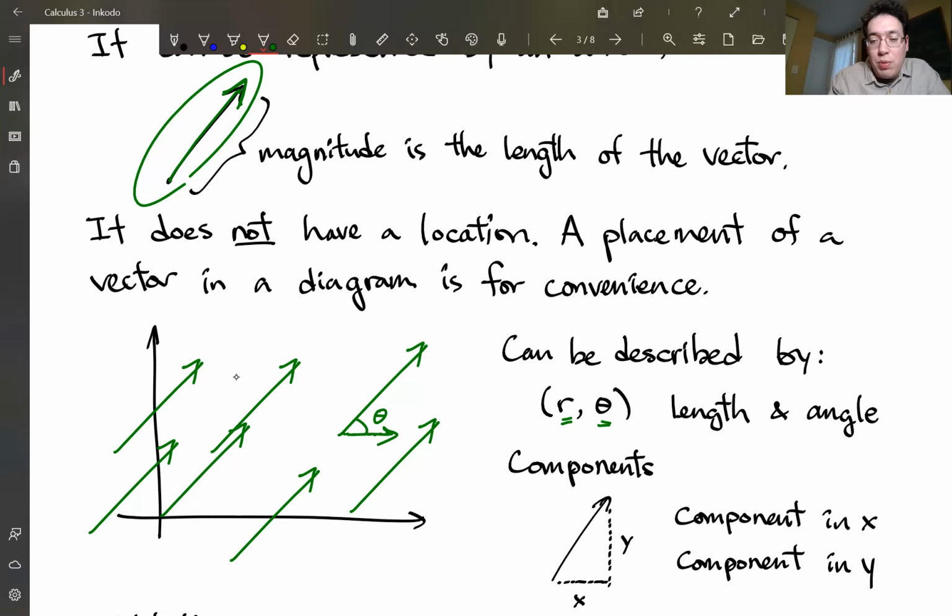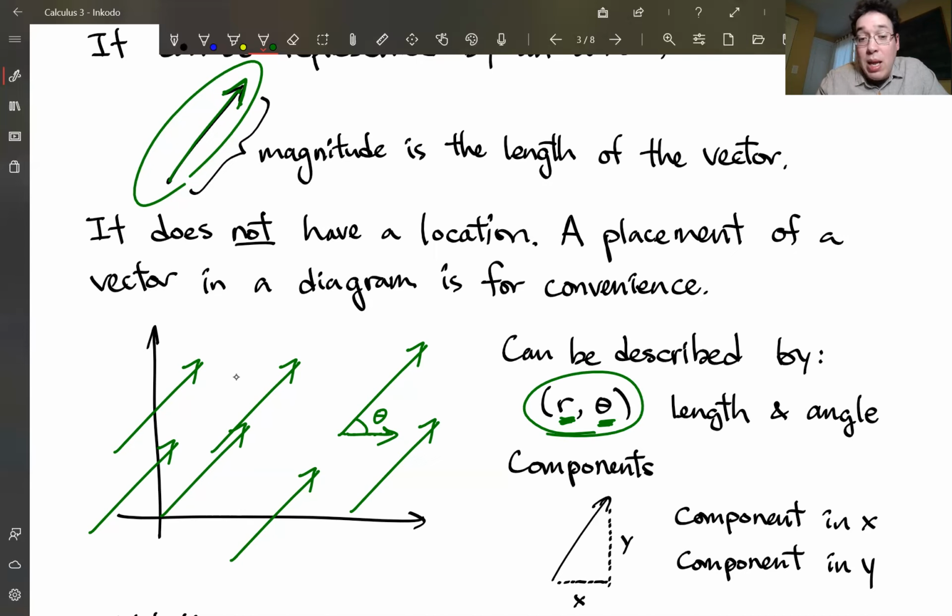So if you note the length and the direction from the positive x-axis going counterclockwise, that gives you a vector. If you want to write it down and not just draw it, that's how you can represent it.